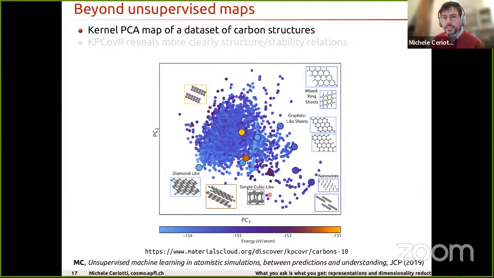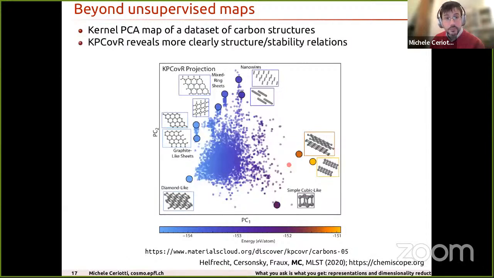This is kernel PCA, and okay, I could interpret this map and convince you that you nicely cluster together structures that are associated with diamond-like, graphitic, and sp1 kinds of carbons. But this is more an a posteriori rationalization than something that is actually apparent from the map, if these clusters overlap completely with the background of messy structures that arise from ab initio random structure search.